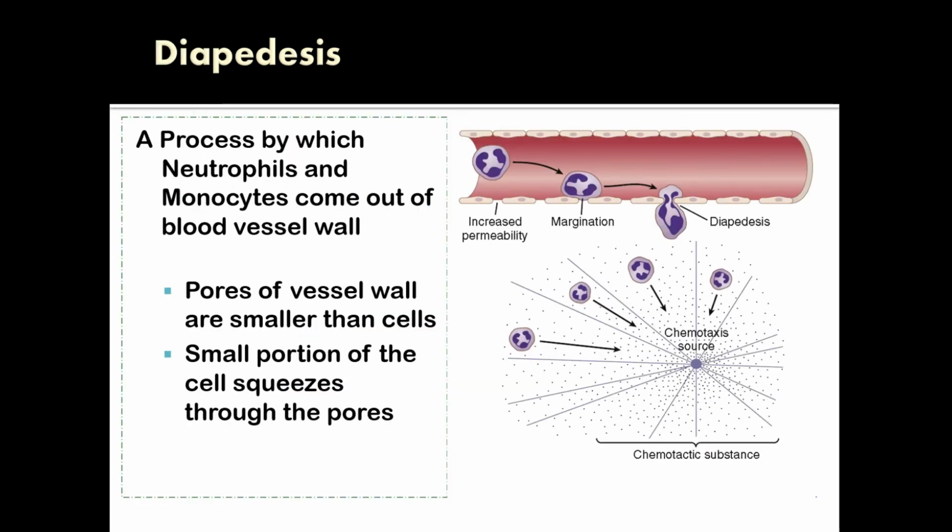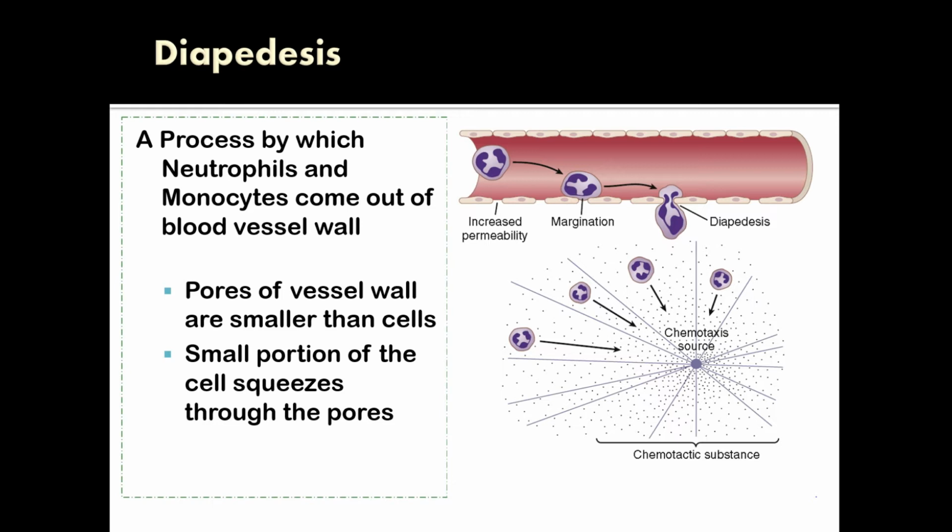Now another important process is diapedesis. It is a process by which neutrophils and monocytes, you know, only the blood has neutrophils and monocytes, and we don't have macrophages at this stage. These neutrophils and monocytes follow a pathway where the pores open and the cells squeeze through, because the neutrophils and monocytes are large in size, however the pores inside the blood vessel are small.